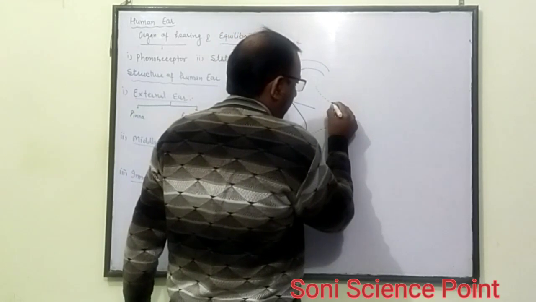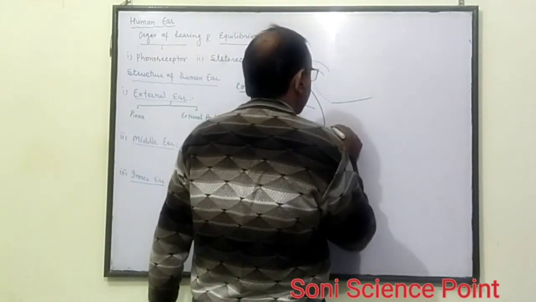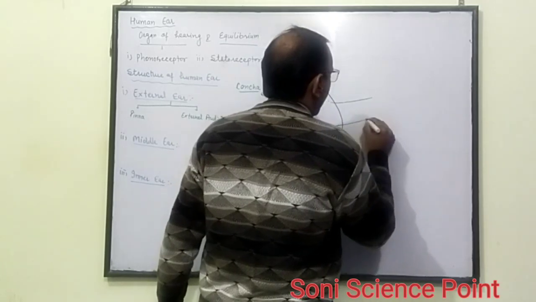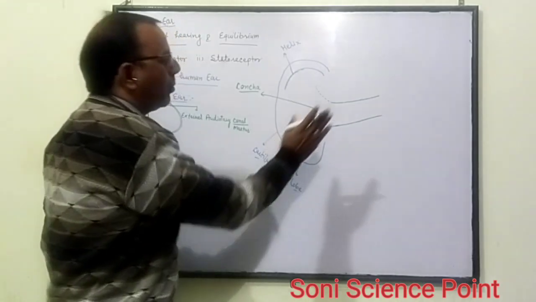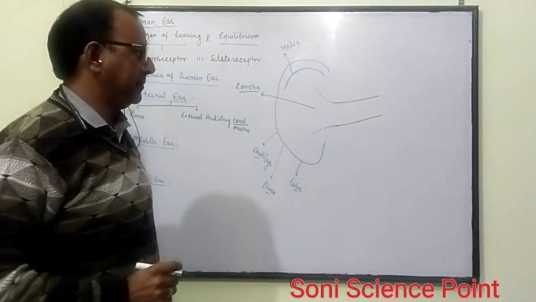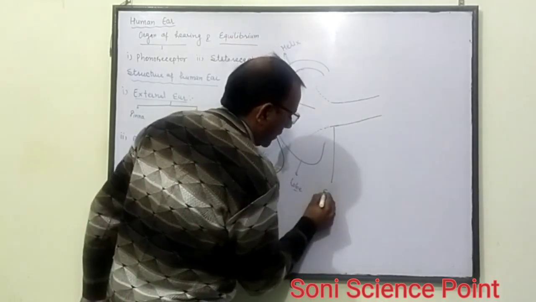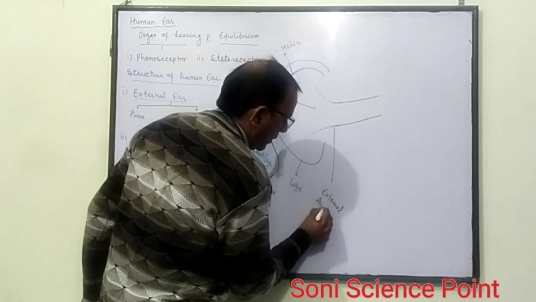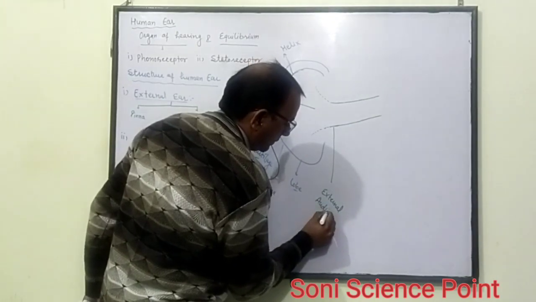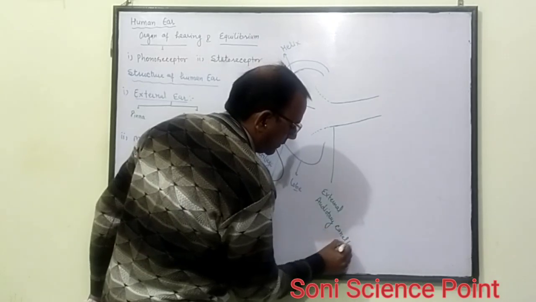The auditory canal is directed obliquely, slightly upward, so that water-like substances cannot easily enter. This is called the external auditory canal or meatus.